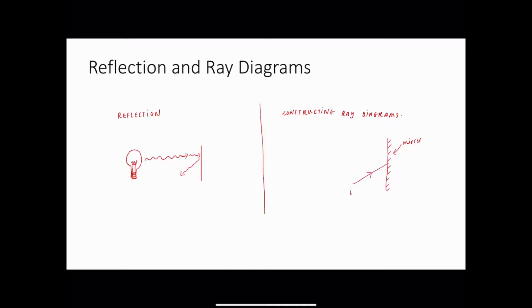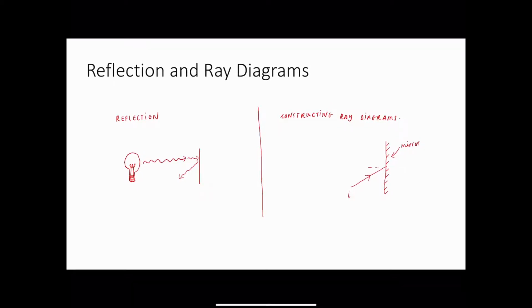The normal is a really important line, and it's at right angles, or it's perpendicular to the plane surface that is the reflective surface. So in this case, it's the mirror. So let's draw our normal line on there as well. That's the normal. And you can see that it would be at right angles to the mirror surface.